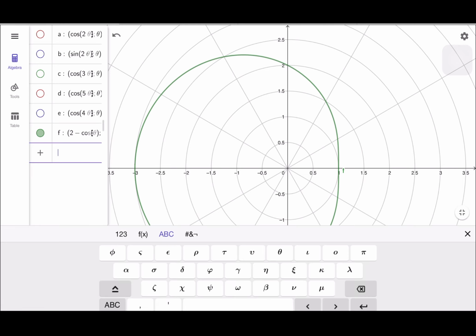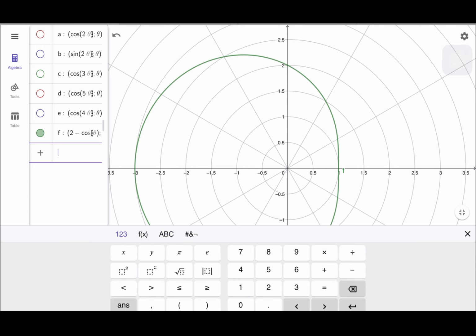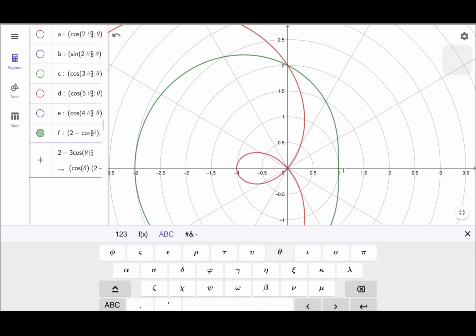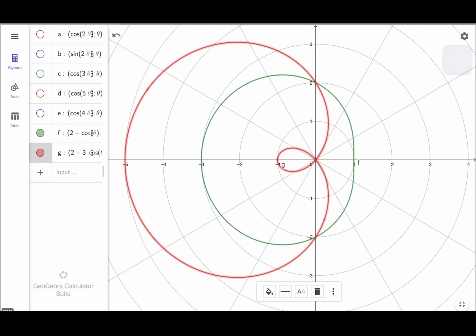And there are several families of limaçon. We can have maybe 2 minus, let's say 3, and then cos. Okay, look at this. We change a little bit, and we get another limaçon.